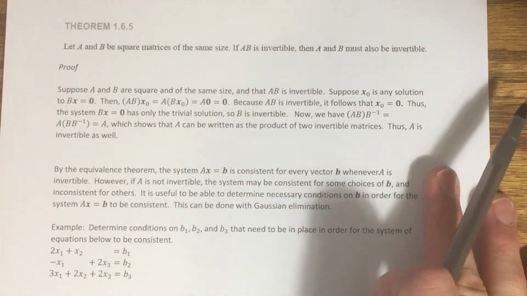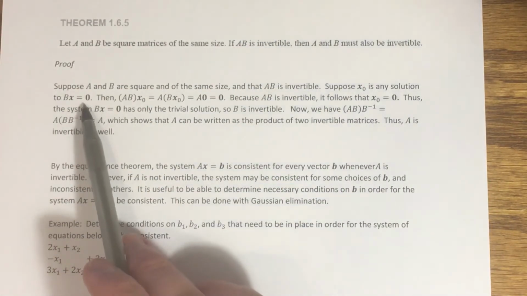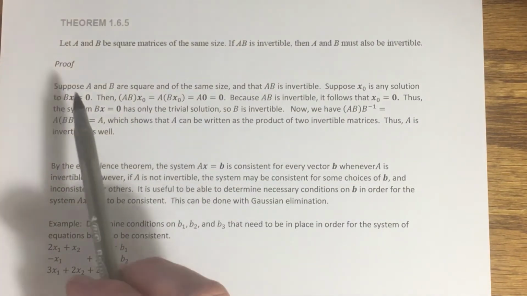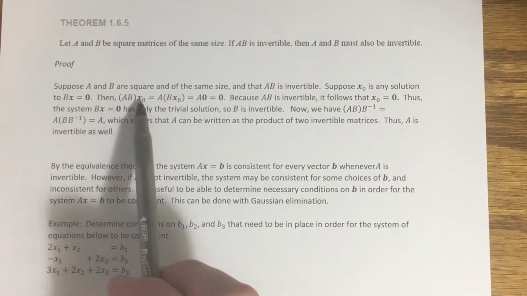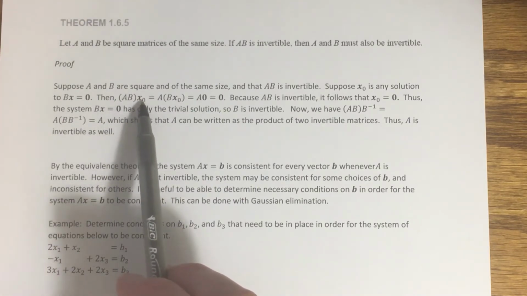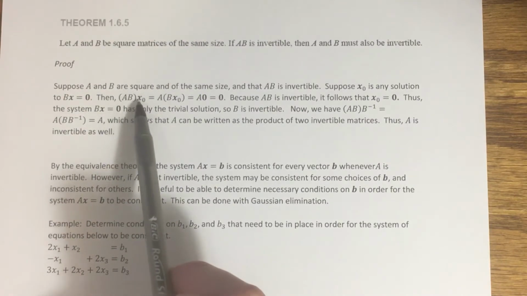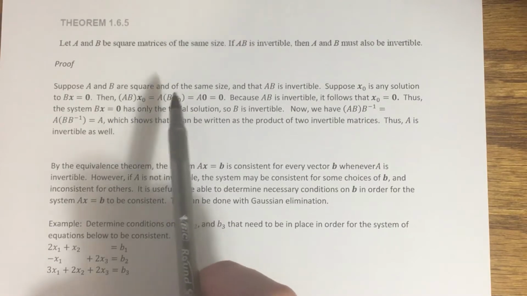So let's suppose, first of all, that x naught is any solution to the linear system Bx equals 0. This is going to start to feel like a proof that we did in the previous video. If x naught is any solution to this, then I'm going to plug x naught into a different linear system. What happens if I do AB times x naught? Well, I can regroup this by putting my parentheses here: it would be A times Bx naught.